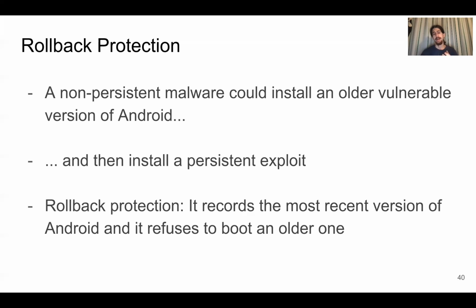So let's say the phone has Android version Y, and now an attacker comes and puts Android version X. There is a piece of code checking that the current version of Android, independently of whether it's trusted or not, is at least Y or a later one. If it's something earlier than Y, then the device refuses to boot. And so this trick doesn't work anymore.